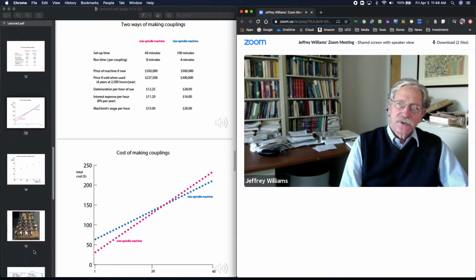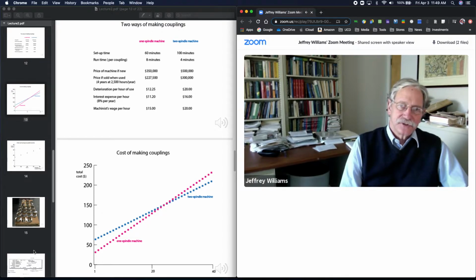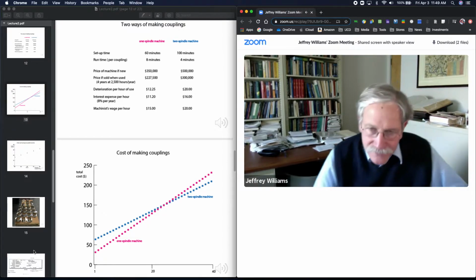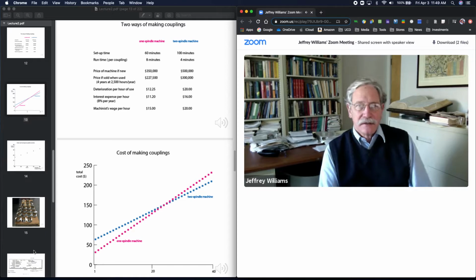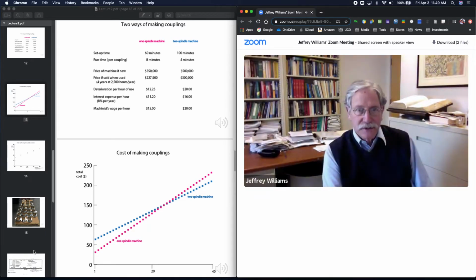Well, let's start with some of the math implications here, or the math perspective on this problem. It starts with this very same diagram, the cost of making couplings. I've said that the lines cross at 25, and that's where you first see a little blue under the pink. Well, look at 24. There's a little blue over the pink.